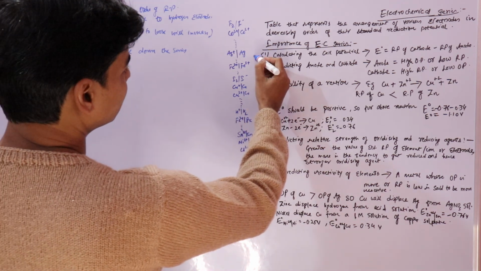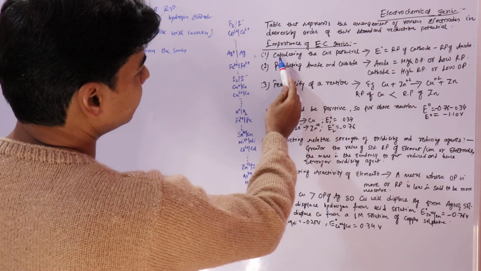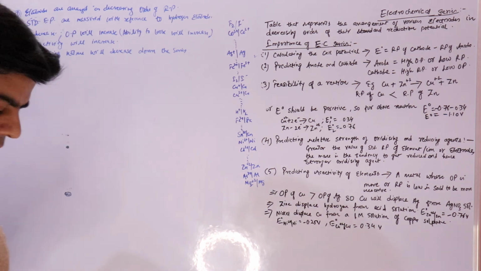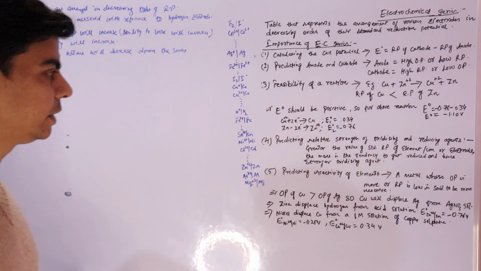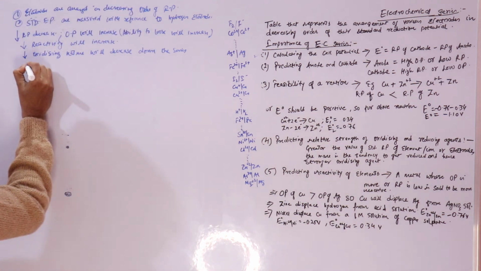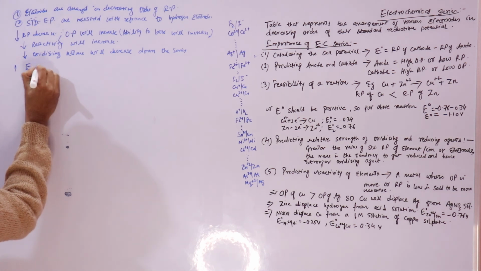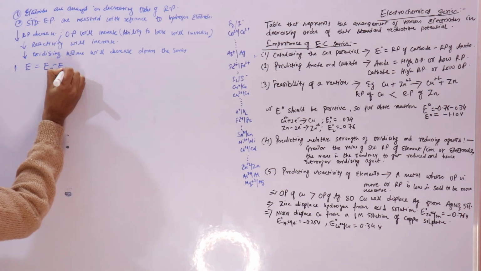So now let's concentrate on these points. Calculating the cell potential. We know from our previous lecture that the EMF of the cell is calculated by this formula, E_R minus E_L.